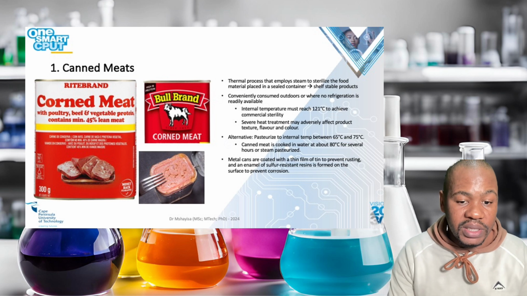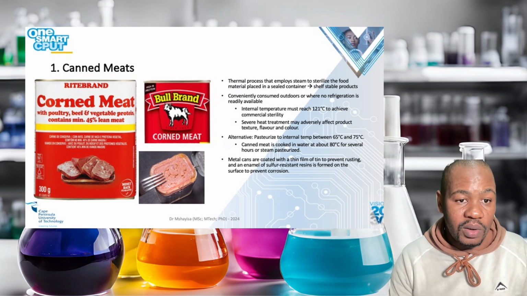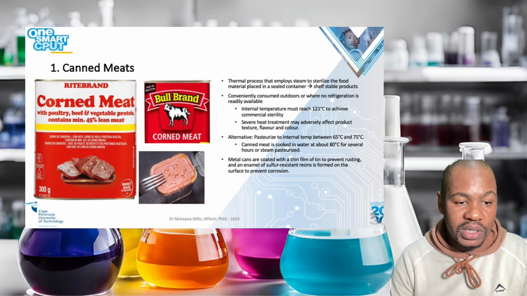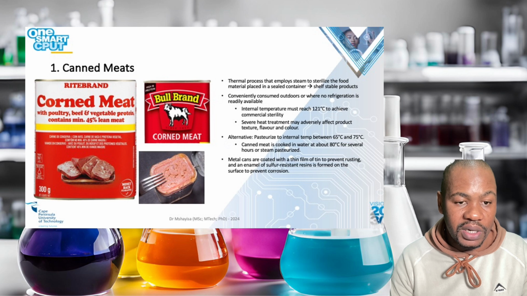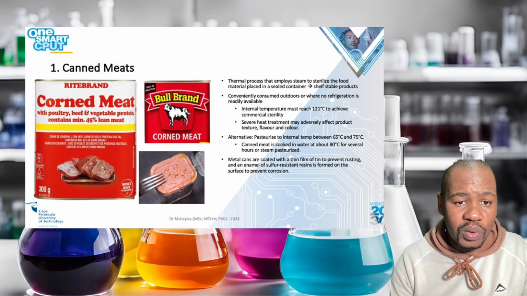We do this in order to increase the shelf life of the food products. These products, canned meat, are perfect for adventures. If you go hiking on a long trip where you're not going to have access to refrigeration, and also in environments where people do not have refrigeration.